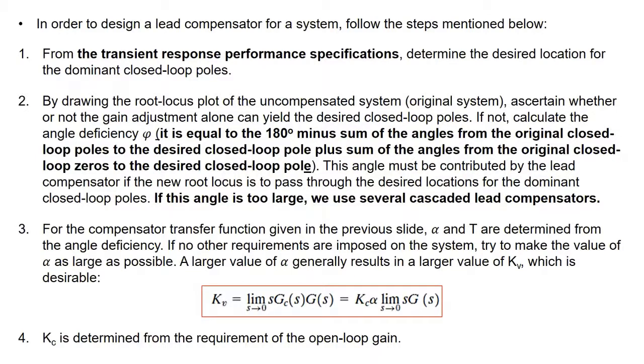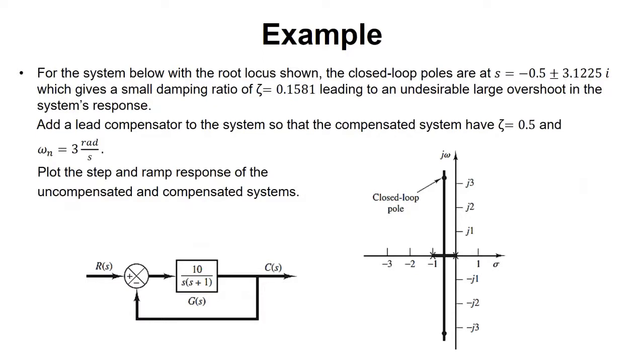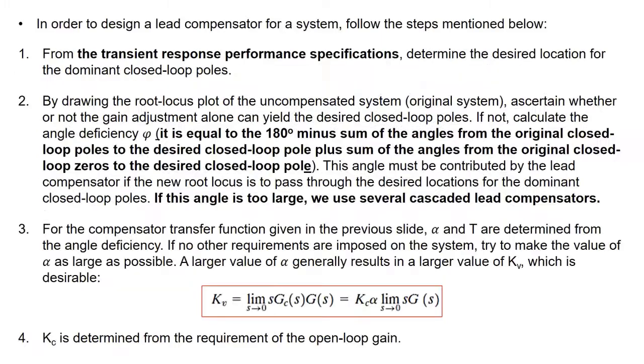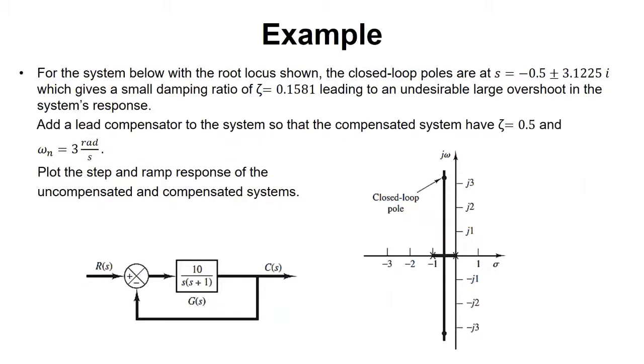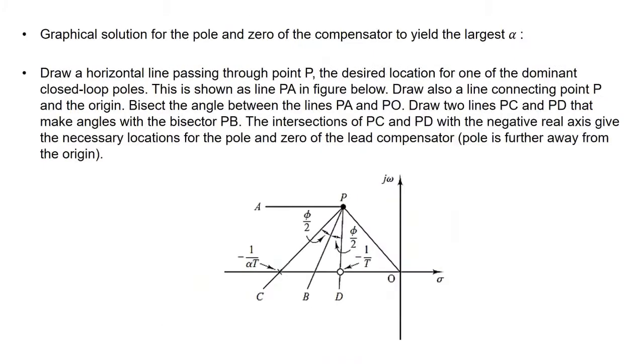This process has 4 steps, 1, 2, 3, 4, and I'm going to go through them one by one. But to do that, I'm going to use an example here, which is also in your textbook. While we go through these steps, I'll explain it step by step so that you can relate to these procedures from 1 to 4, okay?